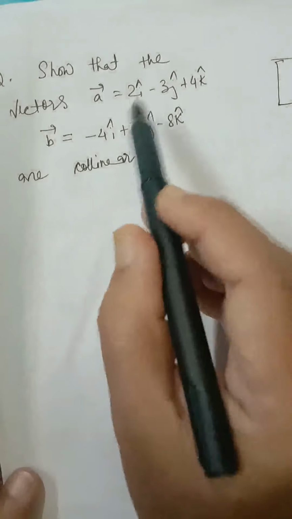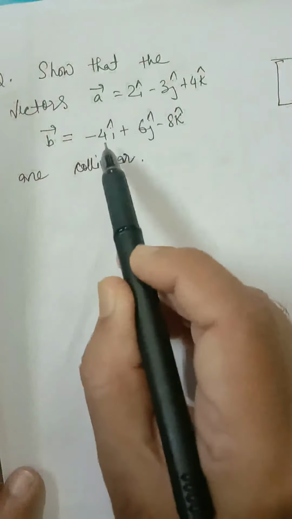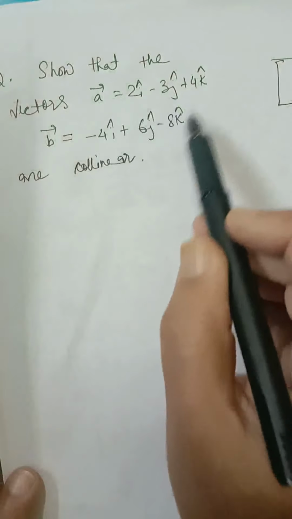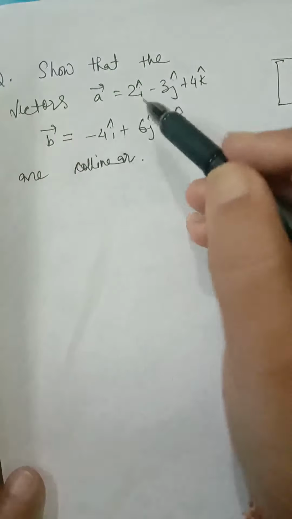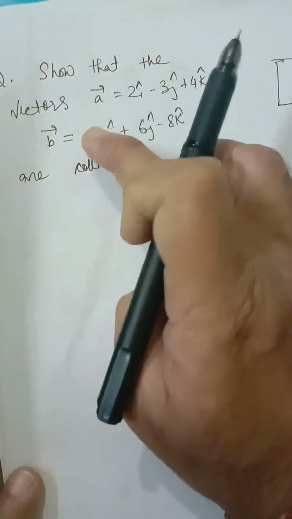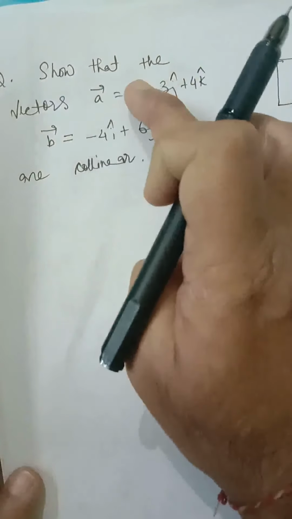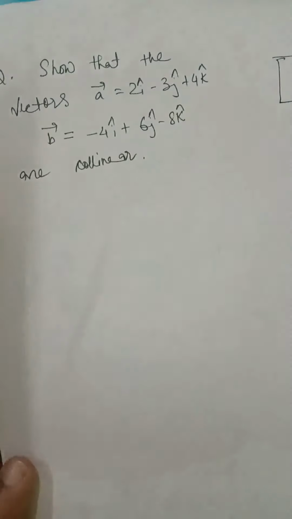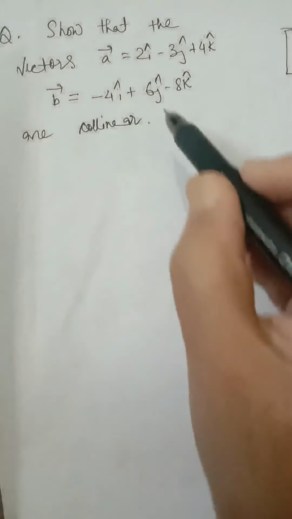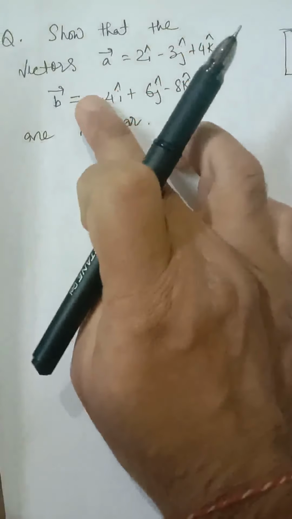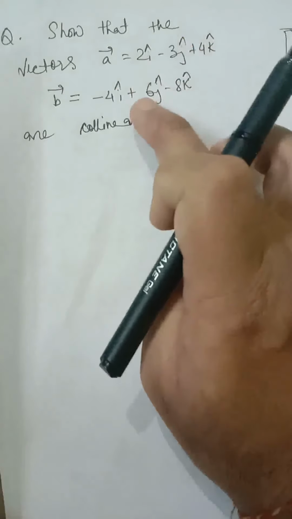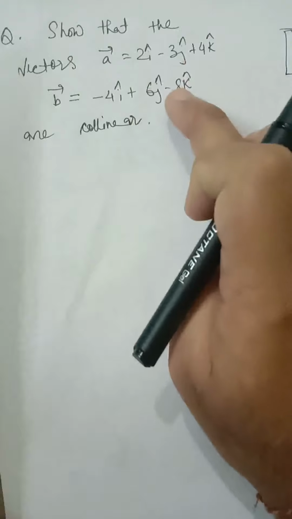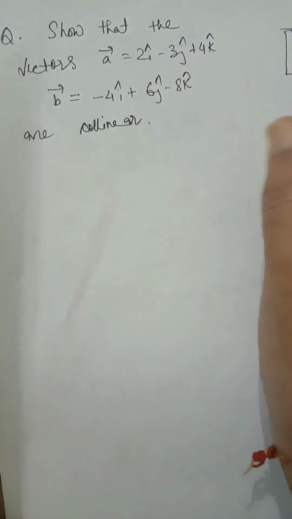Now you can see A vector equals 2i minus 3j plus 4k. If we find the ratio of each term, 2 by minus 4 is minus half, minus 3 by 6 is minus half, 4 by minus 8 is minus half. As the ratio is the same, that means these two are collinear vectors.